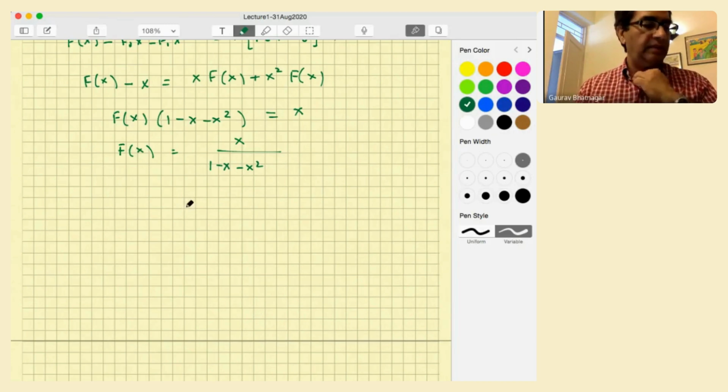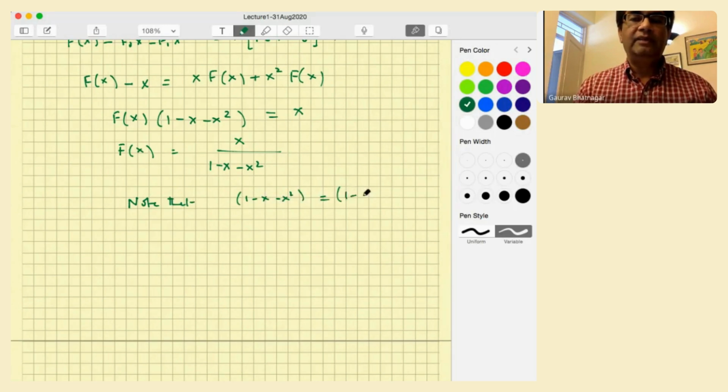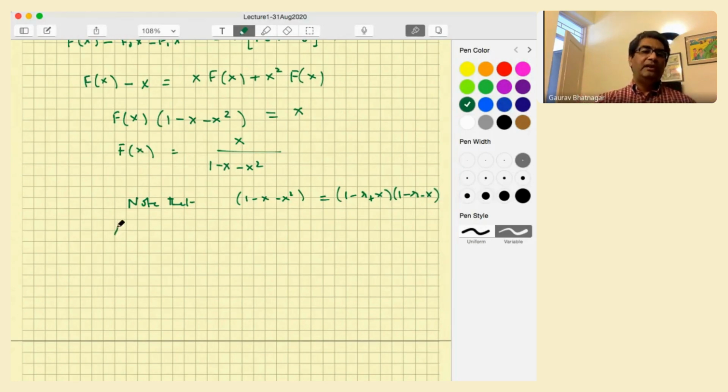Now note that 1 minus x minus x squared is 1 minus r plus x times 1 minus r minus x. So if you recall, r plus was 1 plus square root 5 over 2, and r minus was 1 minus square root 5 over 2.